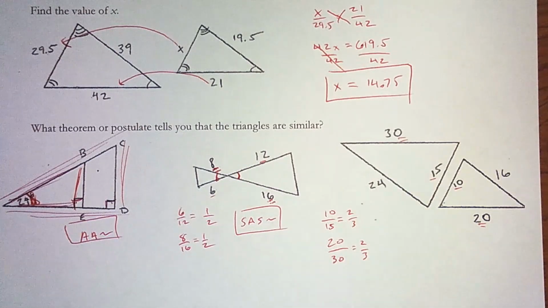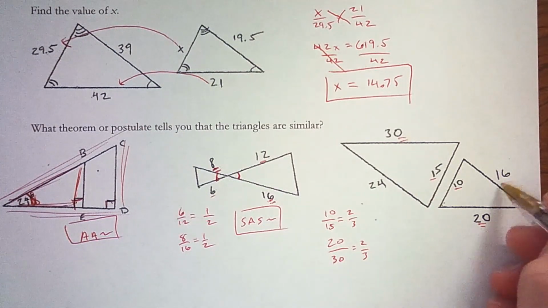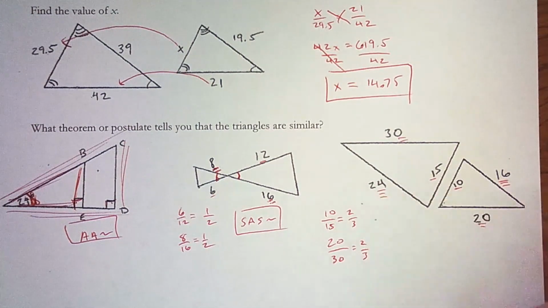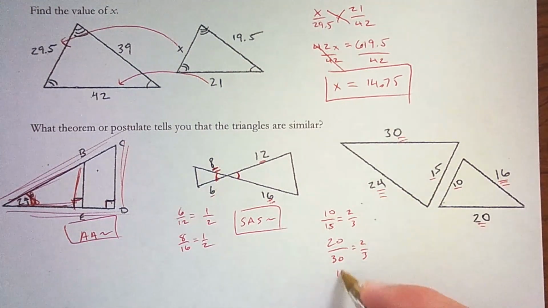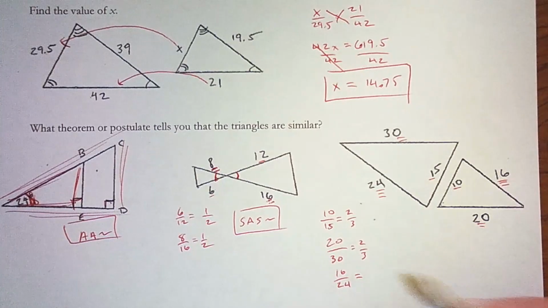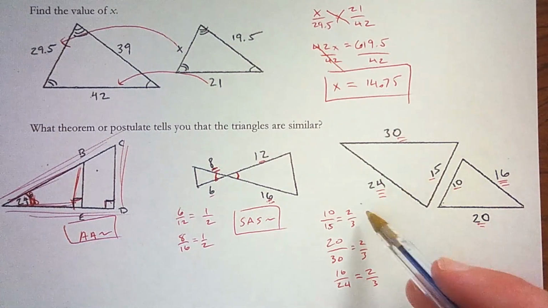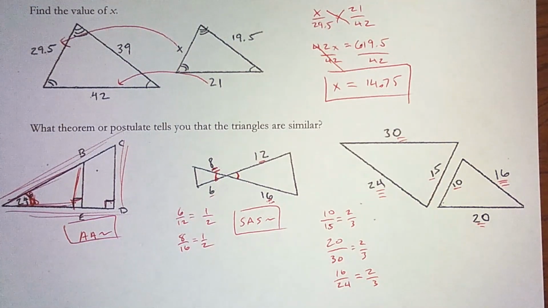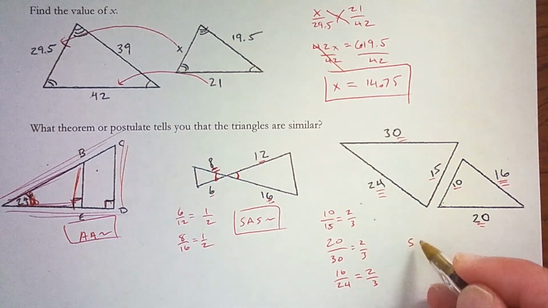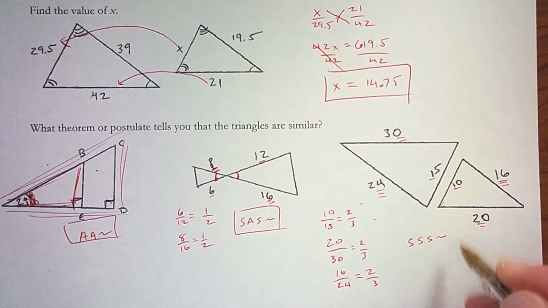Those are the same. Now, if the third one is the same, then they are proportional. They're all proportional, which means the triangles will be similar. 16 over 24. 8 goes into 16 2 times and into 24 3 times. So all 3 sets of sides simplify to the same ratio. So all the sides are proportional. That is side-side-side similarity.